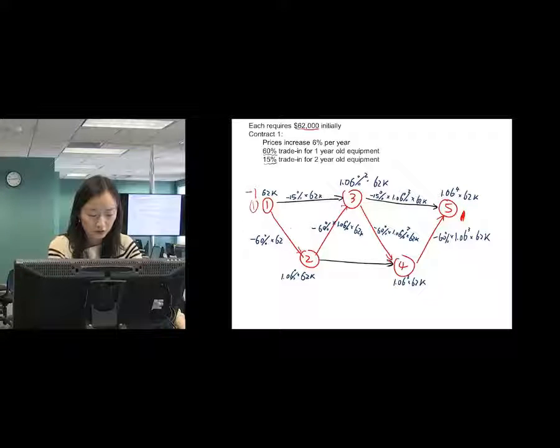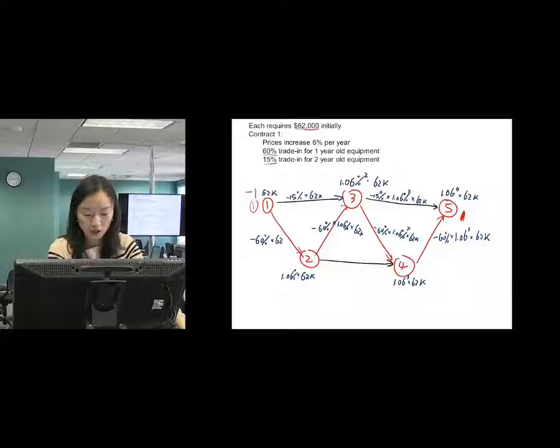Then if we go this way, for example, okay, a 1 year trading, a 2 year trading, and a 1 year trading. If we look at this one, what does this arc represent? This arc represents we're going to trade in the equipment that we purchased from year 2. Okay, does that make sense? Okay, so always remember that arc from, so the from node represents the year that we purchased the equipment, and the to node represents the year that we're going to trade in this equipment.